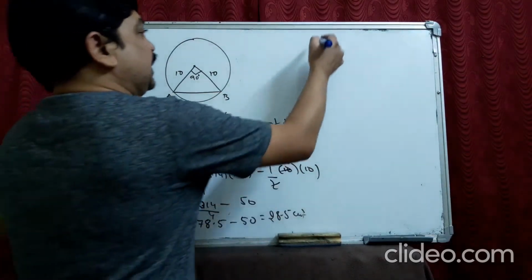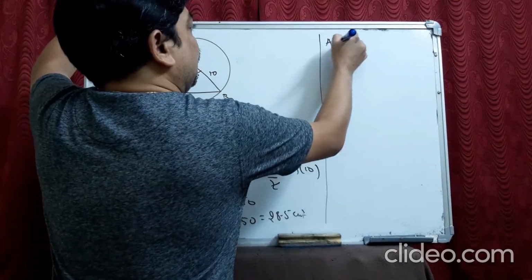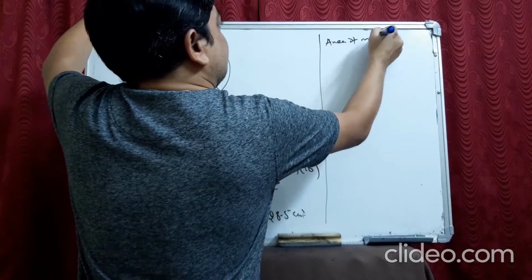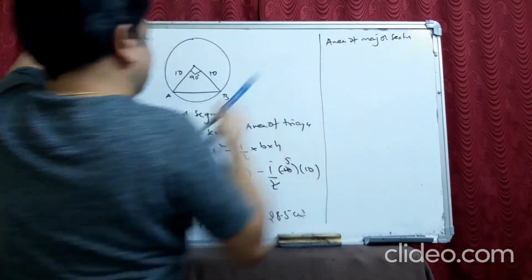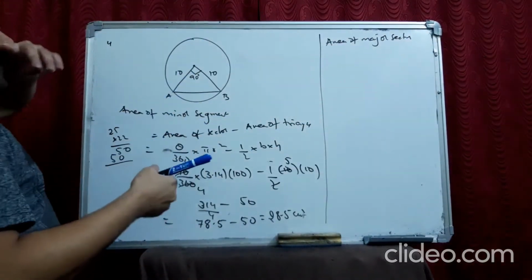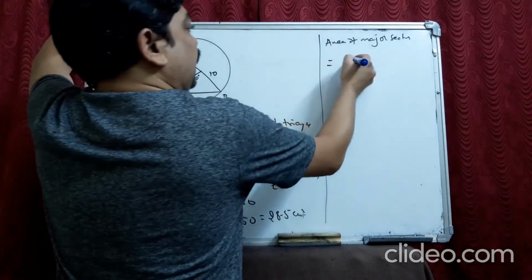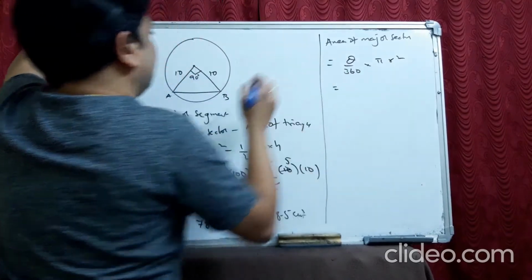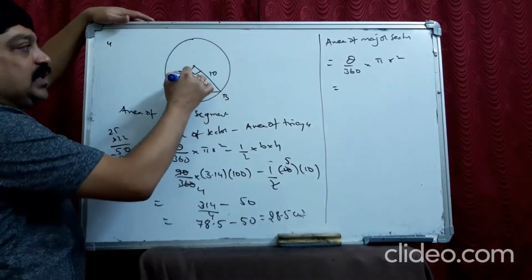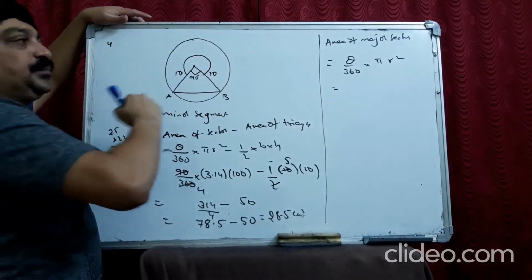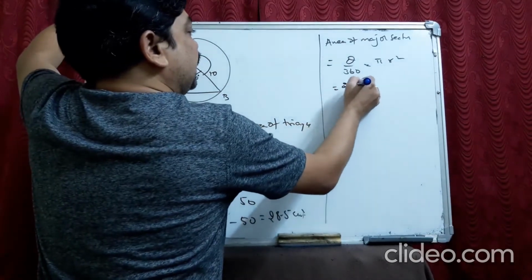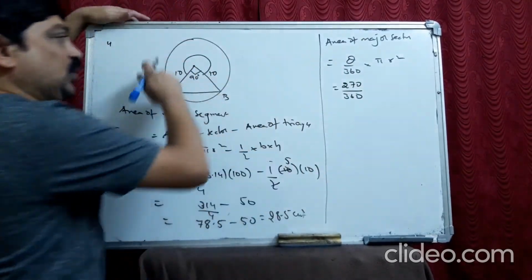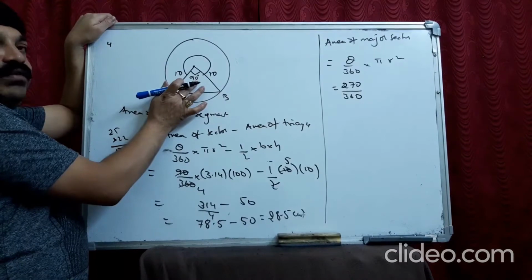Now area of the major sector. Here it was segment and here it is sector. Major sector means sector area is theta by 360 into pi r square, but here theta for the major sector means away from this thing you can take. So you can take it as 270 by 360 because total is 360. Here you have to eliminate this.